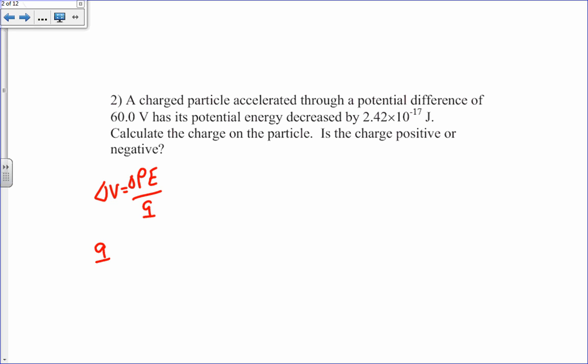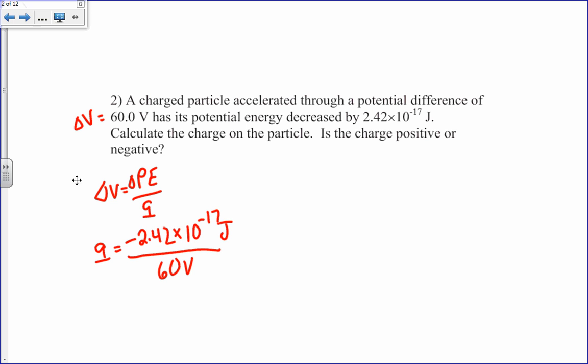And so I can calculate Q then. It's going to be the potential energy, which is 2.42 times 10 to the minus 17. And actually this is negative because it's decreasing, divided by delta V, which is going to be 60 volts.